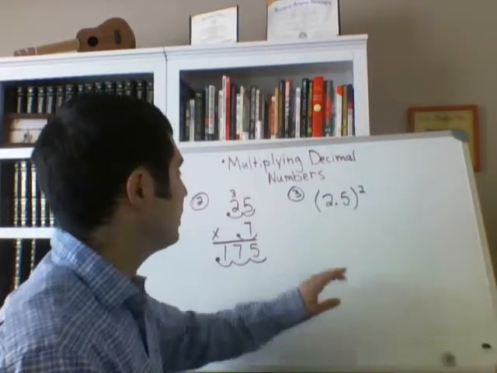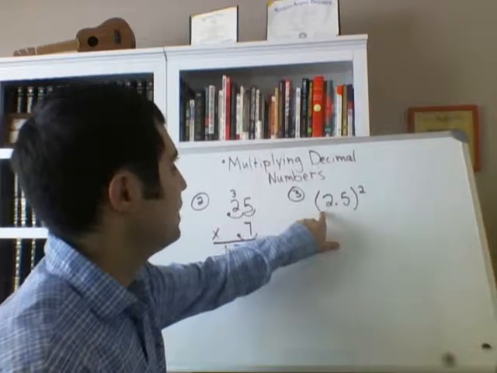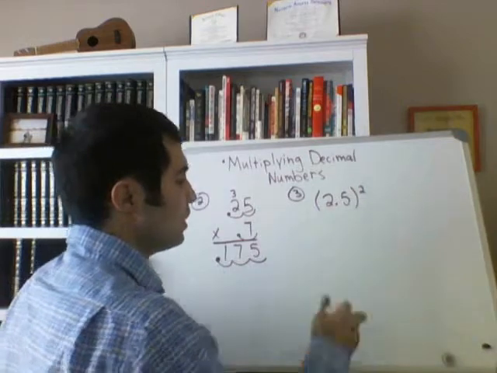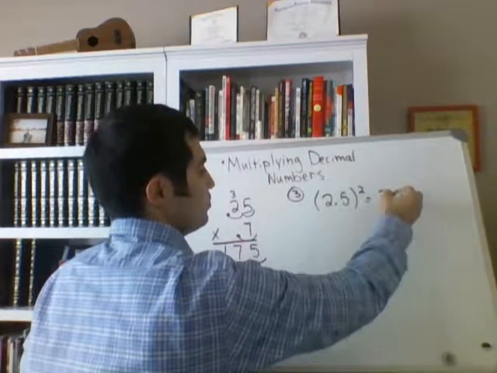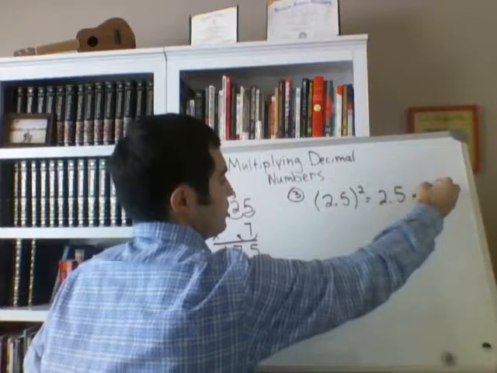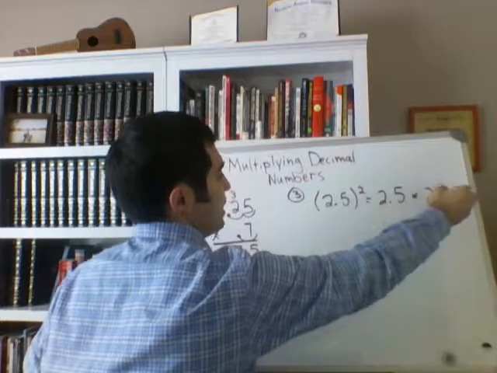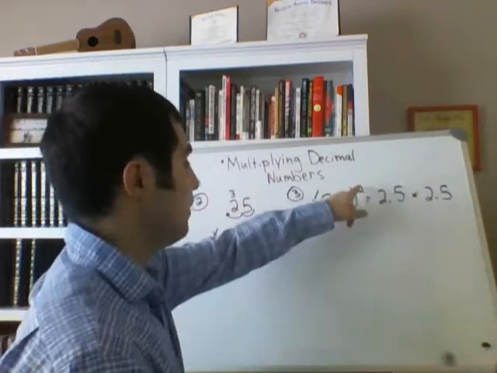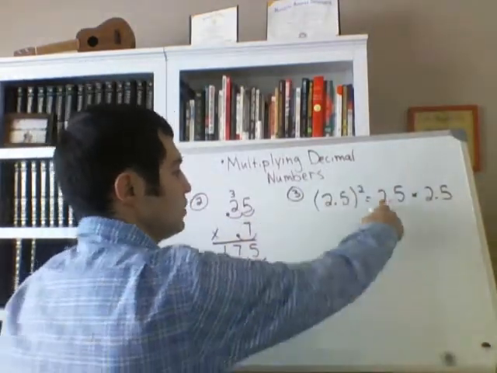Here we're combining what we learned last lesson with what we're learning this lesson. 2.5 squared is equal to 2.5 times 2.5. Basically, you take whatever's in there and you multiply it by itself this many times, so that would be 2 times.